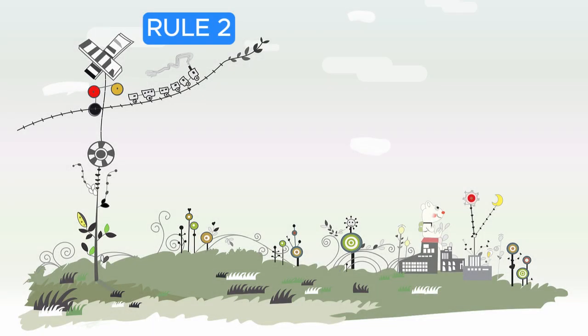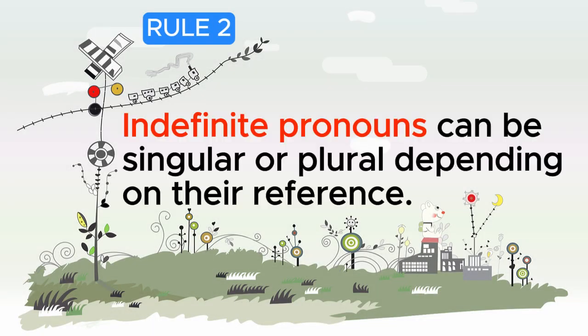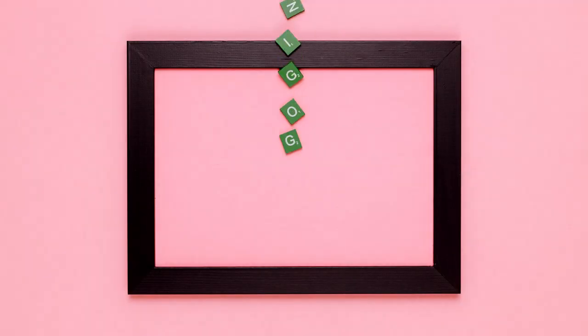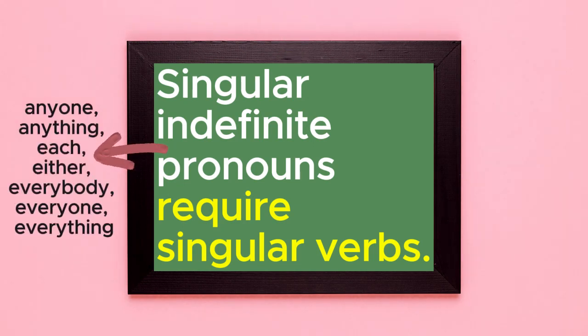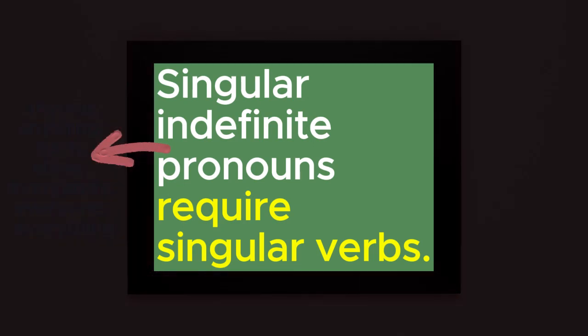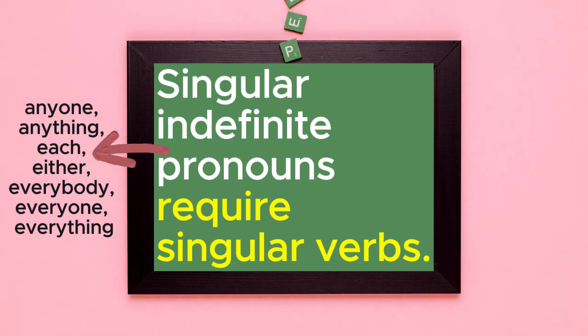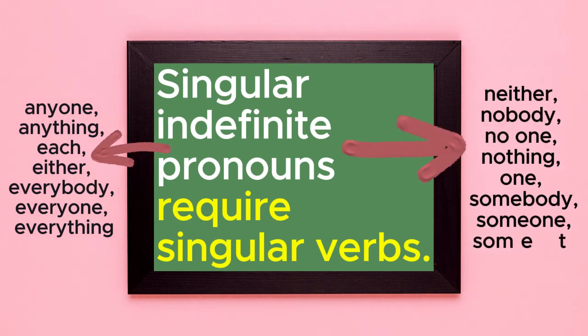Rule 2. Indefinite pronouns. Indefinite pronouns can be singular or plural depending on their reference, necessitating corresponding verb agreement. Singular indefinite pronouns: anyone, anything, each, either, everybody, everyone, everything, neither, nobody, no one, nothing, one, somebody, someone, something require singular verbs.